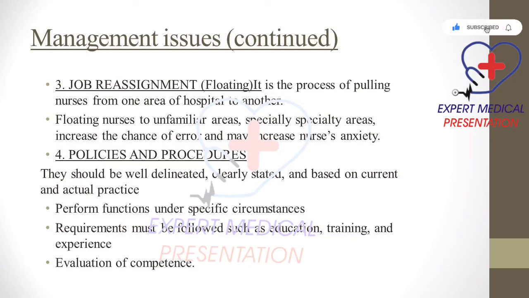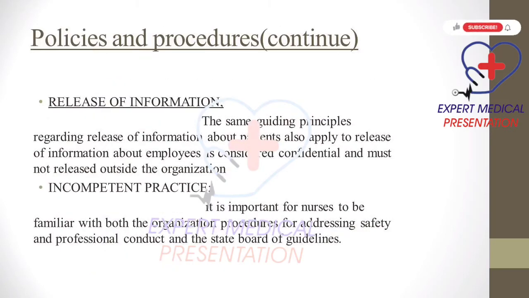4. Policies and procedures. They should be well delineated, clearly stated, and based on current and actual practice. Perform functions under specific circumstances. Requirements must be followed, such as education, training, and experience. Evaluation of competence. Policies and procedures continue. Release of information.